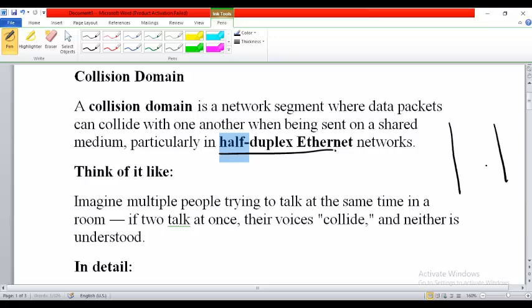Both are trying to give, meaning this bus also wants to go, this bus also wants to go. But there is only one bus bandwidth in the bridge. Only one bus can go, but both are trying to go and no one can go because there's a collision. That needs to be controlled. Collision needs to be controlled.